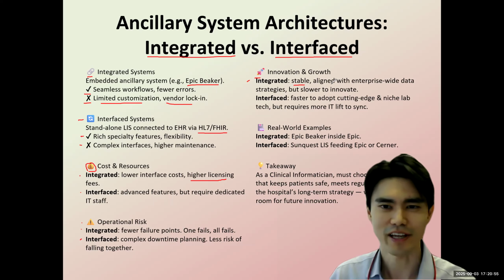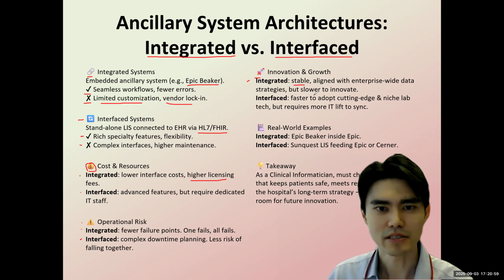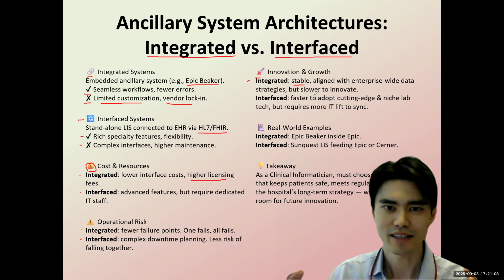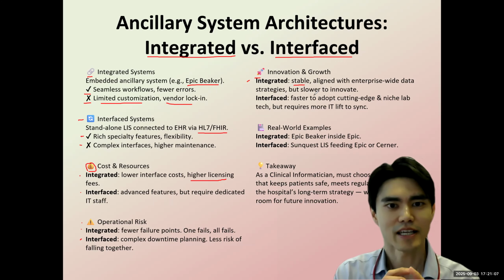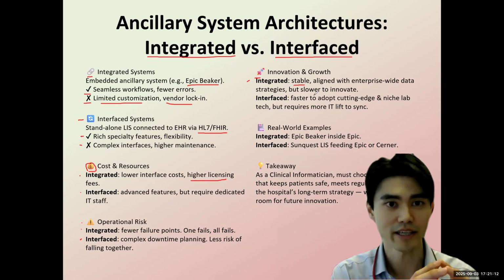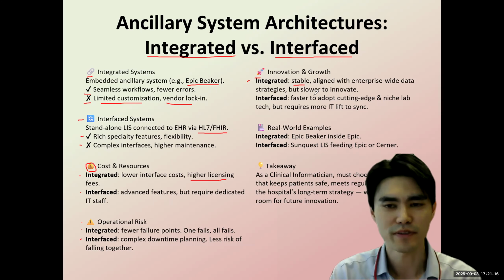It's much easier to handle the data. But it could be slower in innovation. It's covering such a big area that it could be slower versus when it's interfaced and when the company is just focused on LIS system or RIS system, then the innovation could be faster.